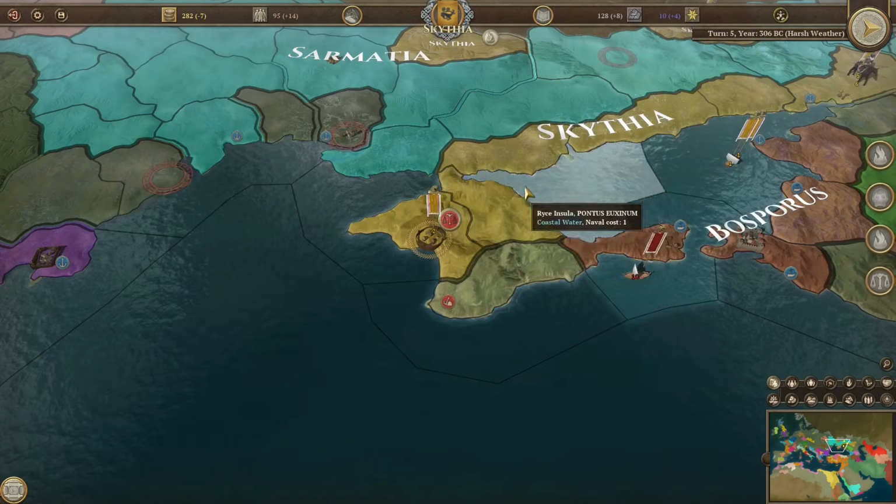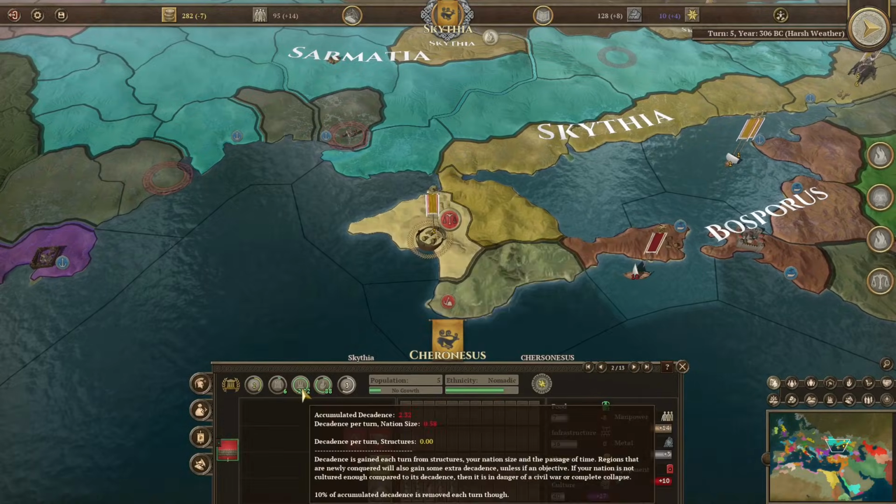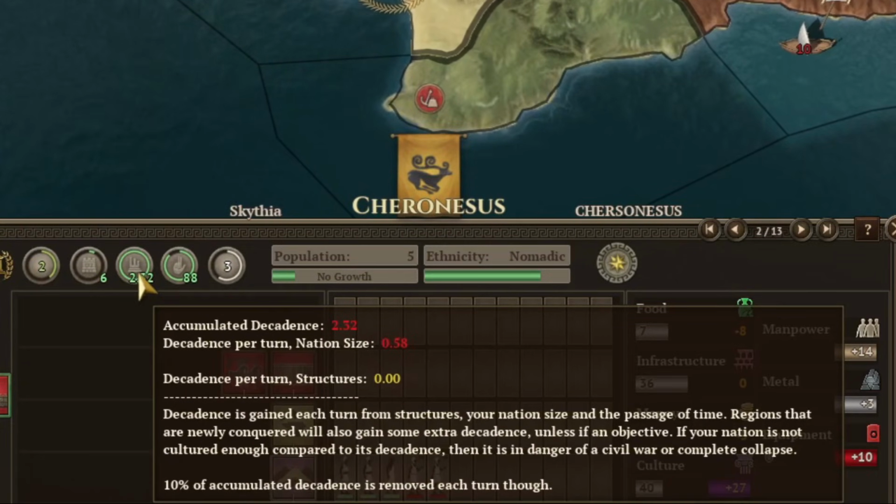If we go to our region, you can see that this round we have 2.32 decadence, but we will increase by 0.58. That's why next round we'll have much more decadence because of the nation size.